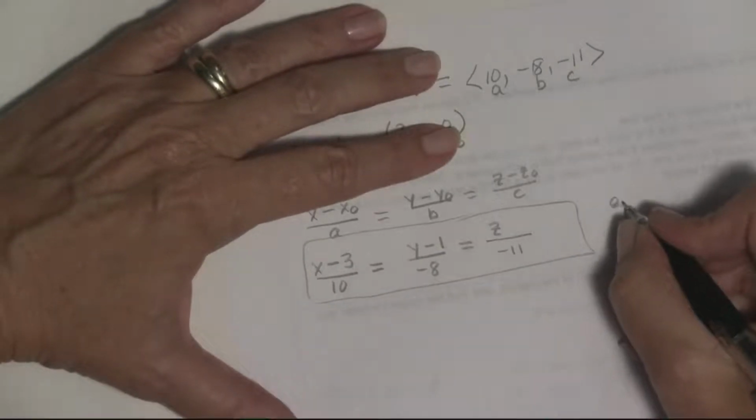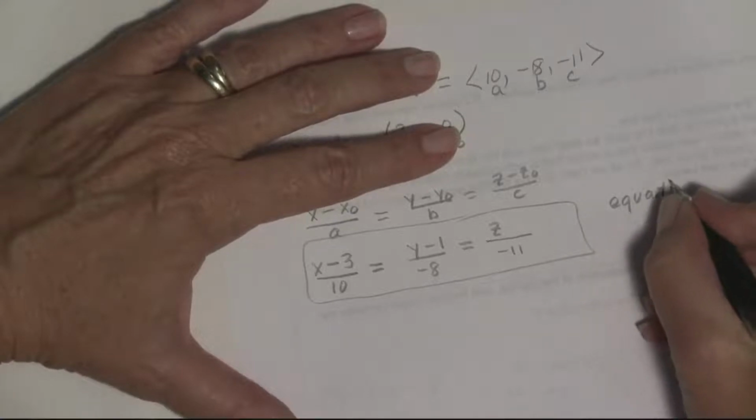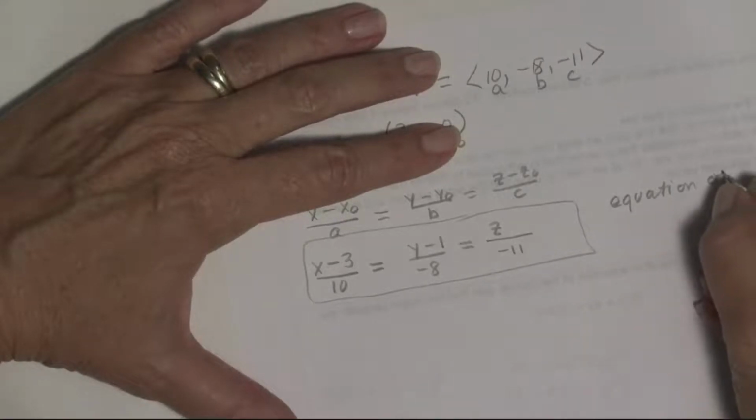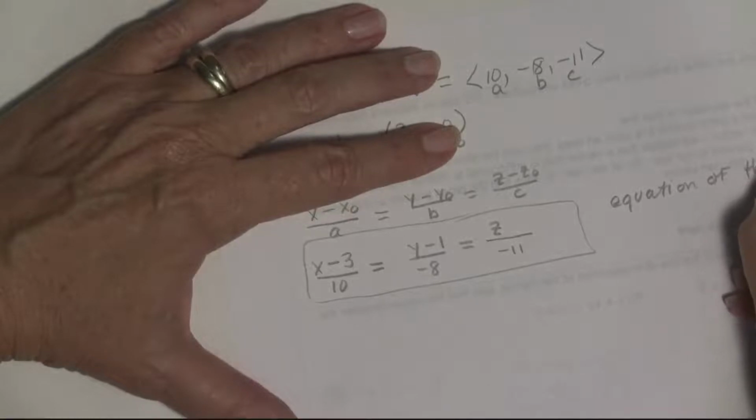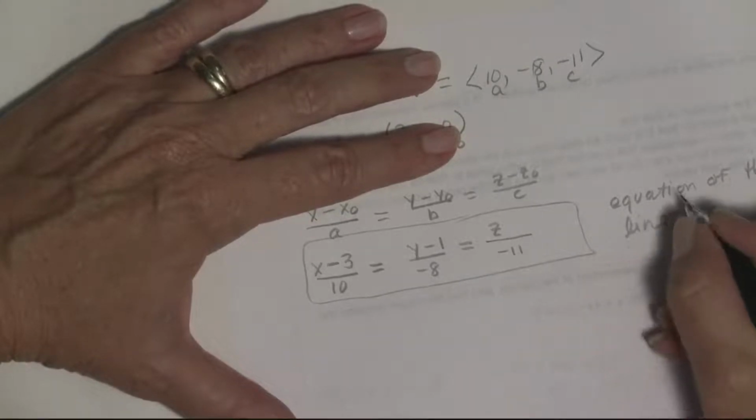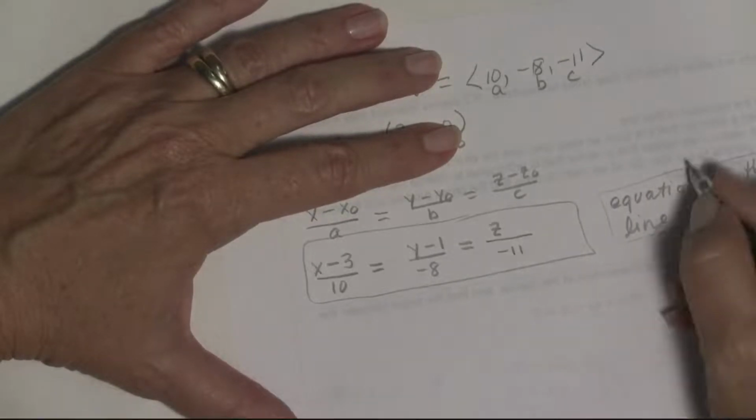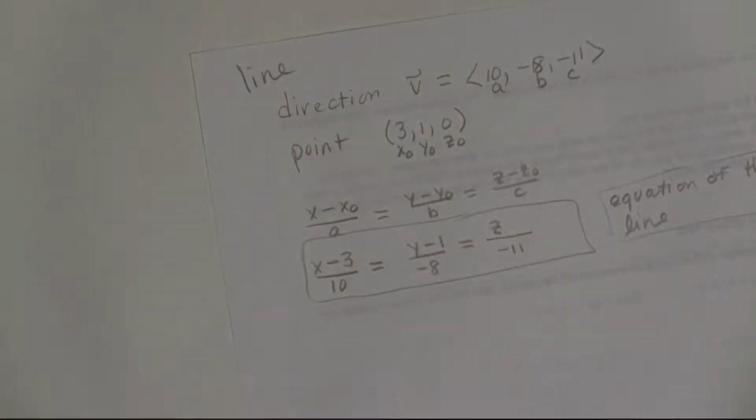So here's the equation of the line where the two planes intersect one another.